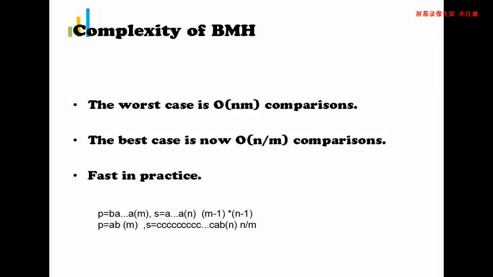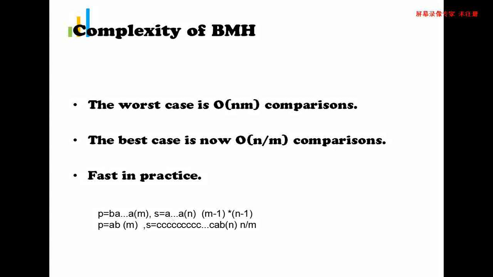And if we want to find the pattern in it, we first start to compare, right? We compare M -1 times until we find that the B is mismatched, right? So we can only move one step each time, because every time it's the same, because the string is all the same, right?